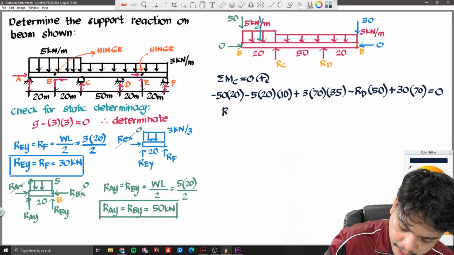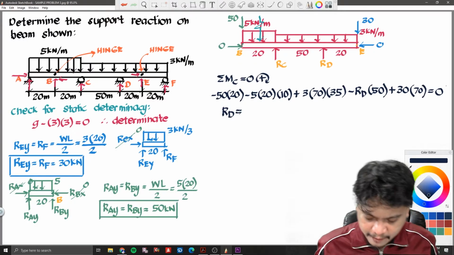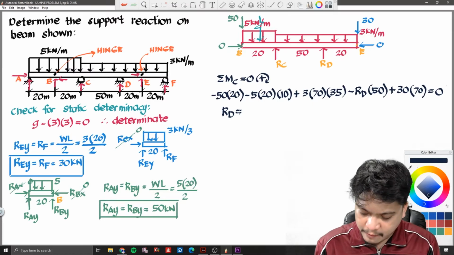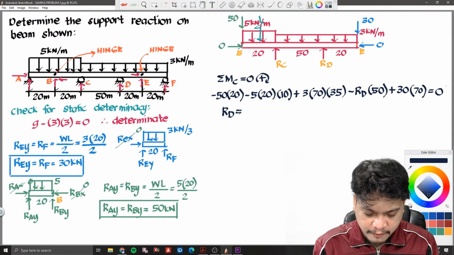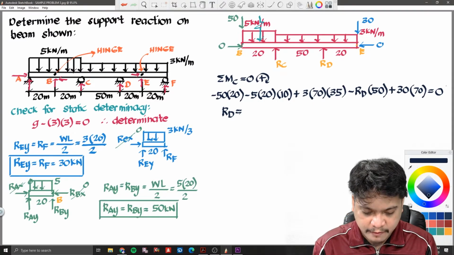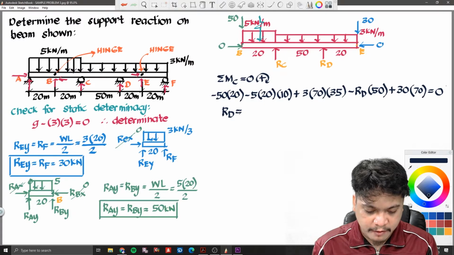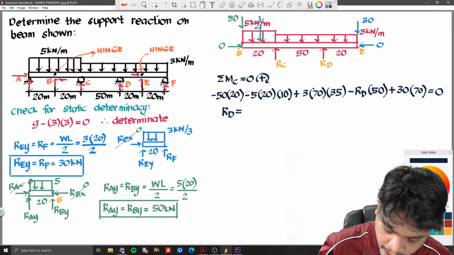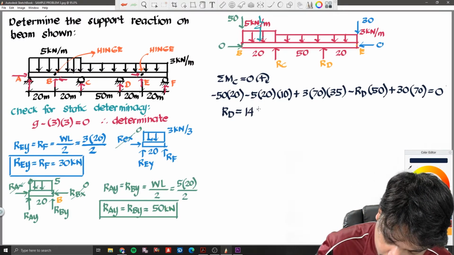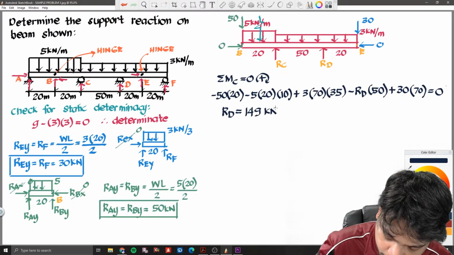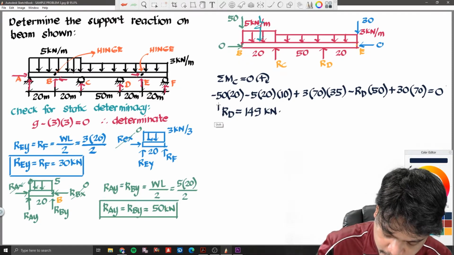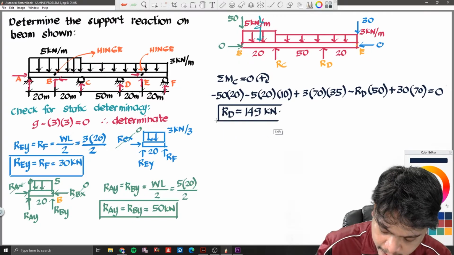And then, we will now have the reaction at D. Okay, so we have negative 50 times 20 minus 5 times 20 times 10 plus 3 times 70 times 35. Okay, and then plus 30 times 70. And then divided by 50, so you will be having here RD as 149 kilonewton. Okay, so this is now the reaction at D.